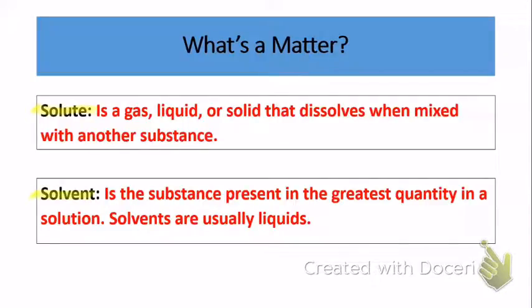The solute is simply either a gas, liquid, or solid, and it's going to get dissolved. And that's the key. The solute is going to dissolve into what we call the solvent. The solvent is usually the one that's represented by the greatest quantity that's part of the solution. Usually solvents are liquids.